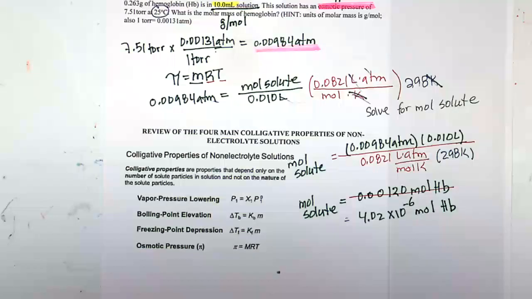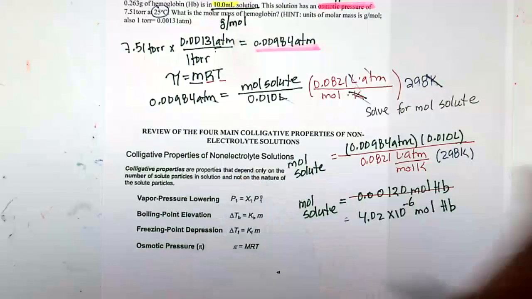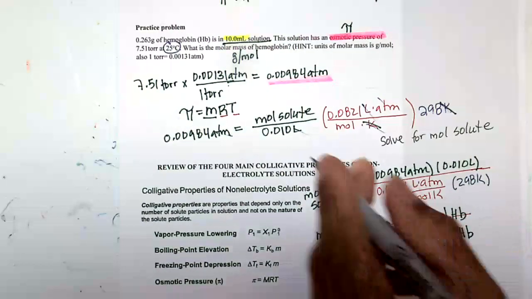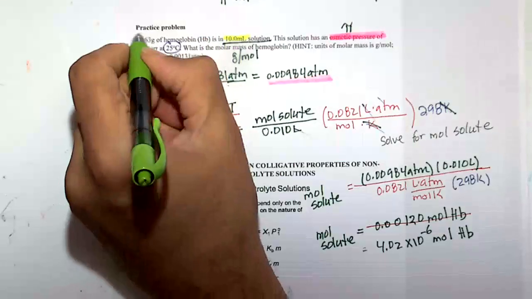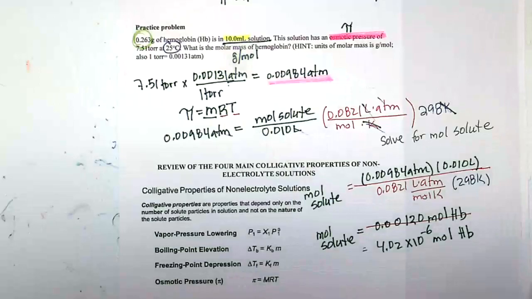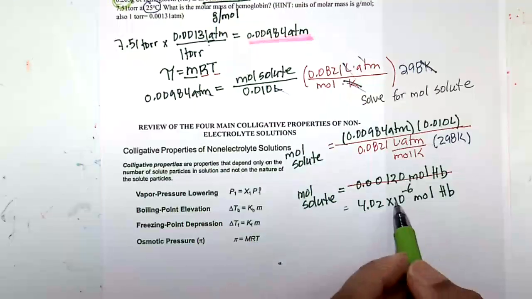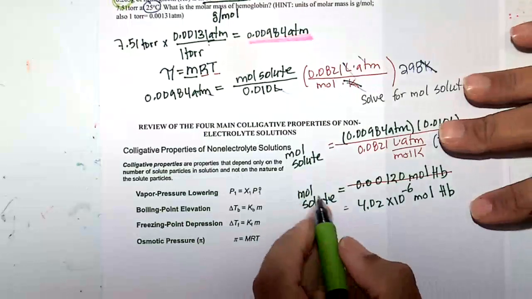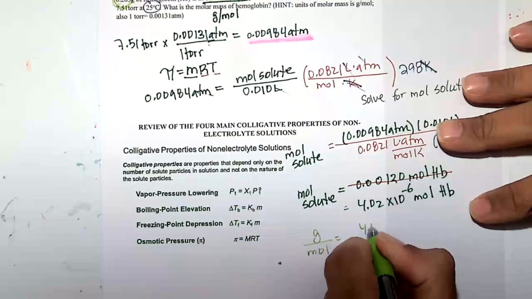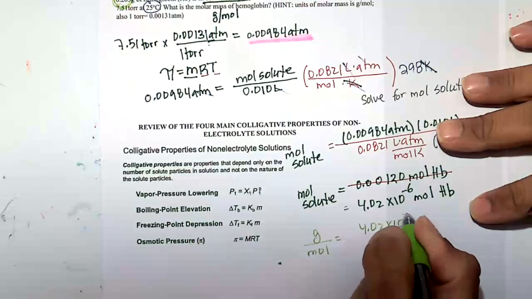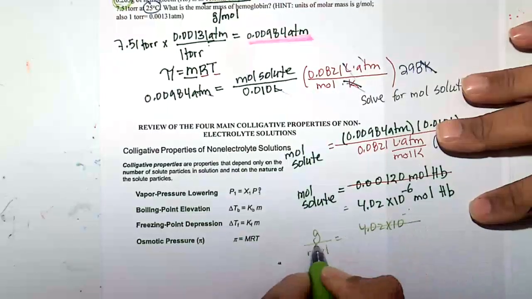All right, finally, our molecular weight is grams over moles. So how many grams do we have here? Yes, very good. We have 0.263 grams. So we'll take that 0.263 grams and divide it by this many moles.